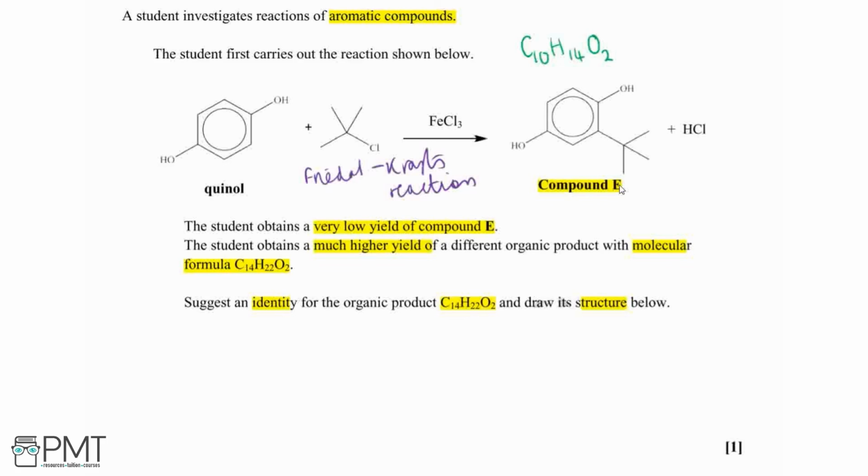We can see that the main difference between the molecular formula of compound E and our organic product is a difference between the carbons and the hydrogens. Specifically, we've got a difference of 4 carbons and a difference of 8 hydrogens. This is going to match up with adding on another unit of our 2-methyl 2-chloropropane, where we substitute it on, so we end up with just the methyl propane added on overall.